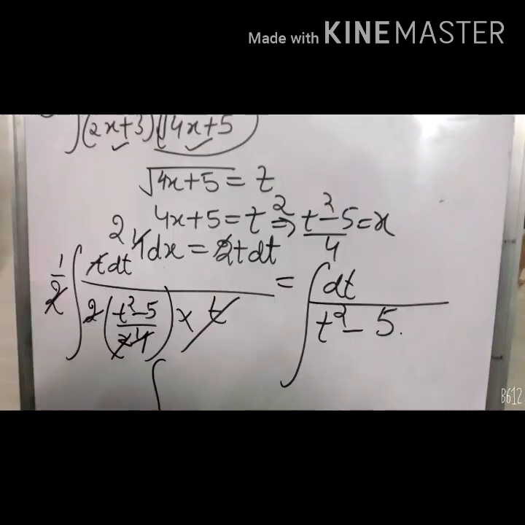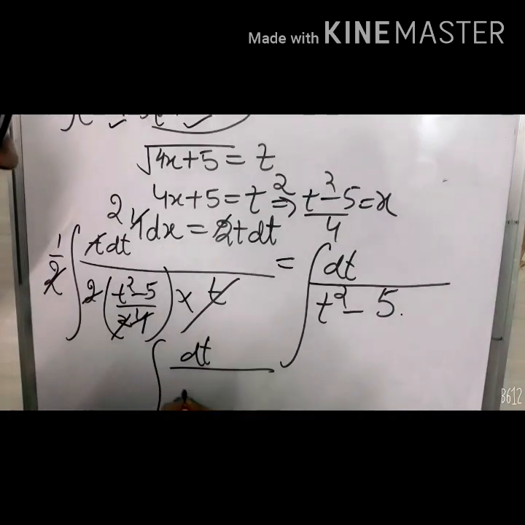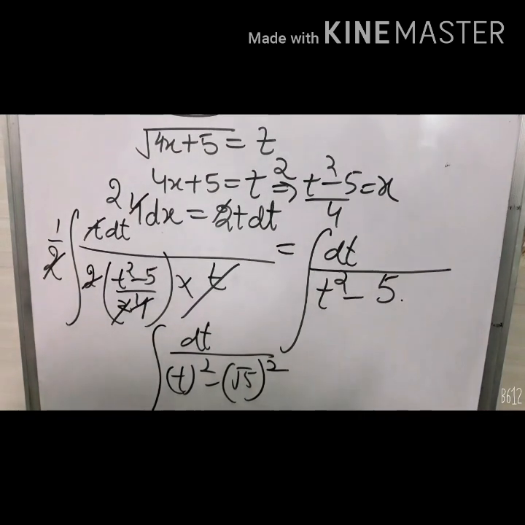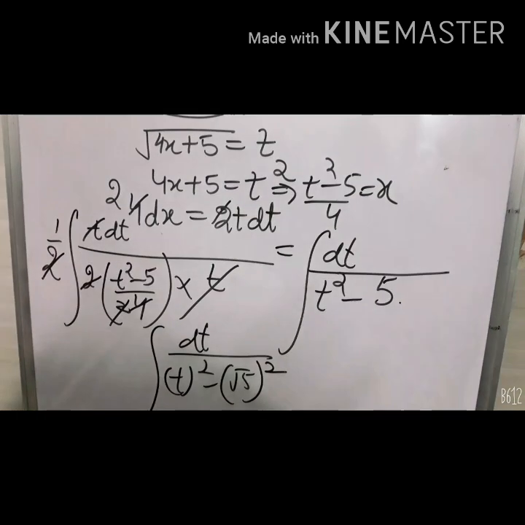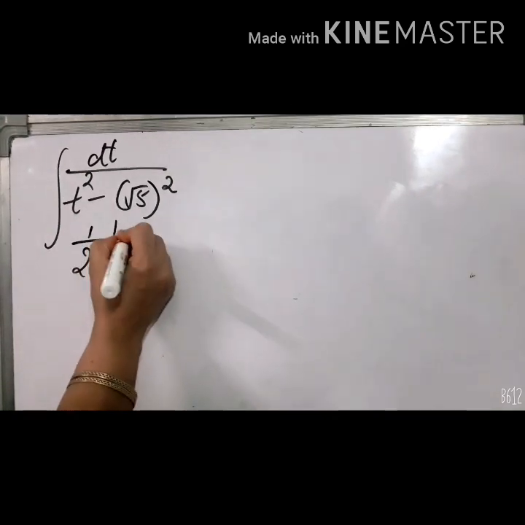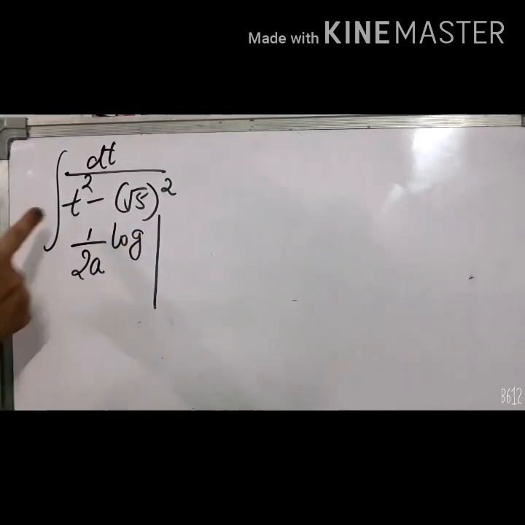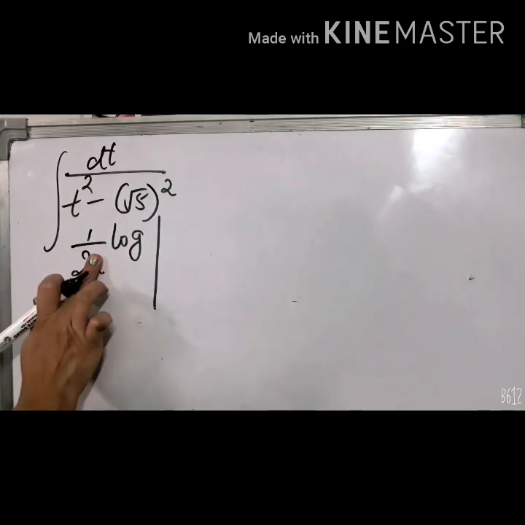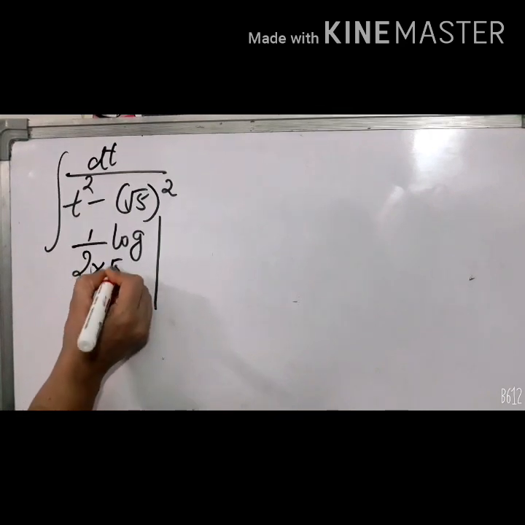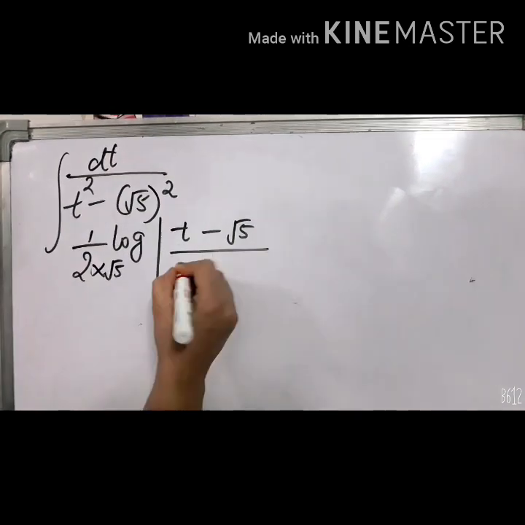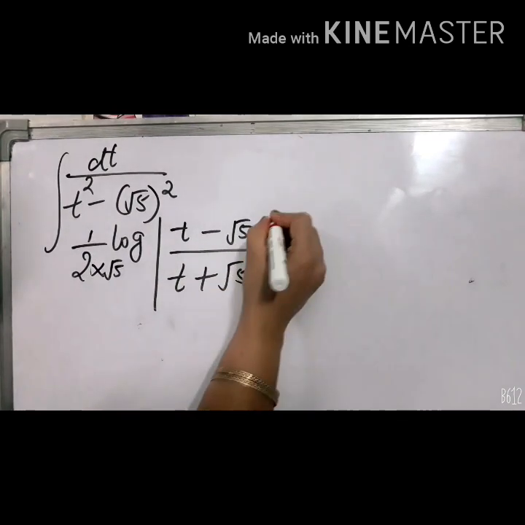Now I will write it as dt by t square minus root 5 whole square. Means it becomes x square minus a square. Now it becomes 1 upon 2a log x minus a by x plus a. So in place of a, I will write root 5: log t minus root 5 by t plus root 5 plus c.